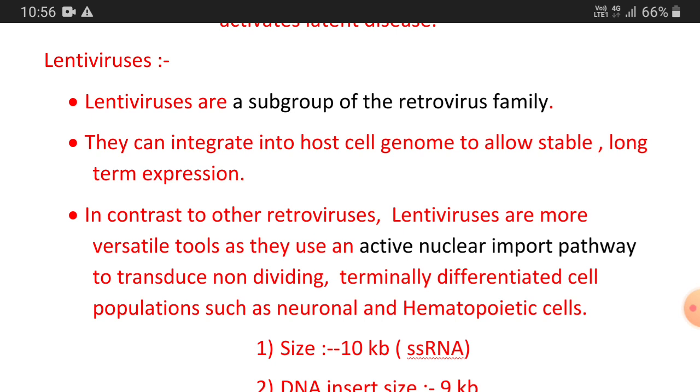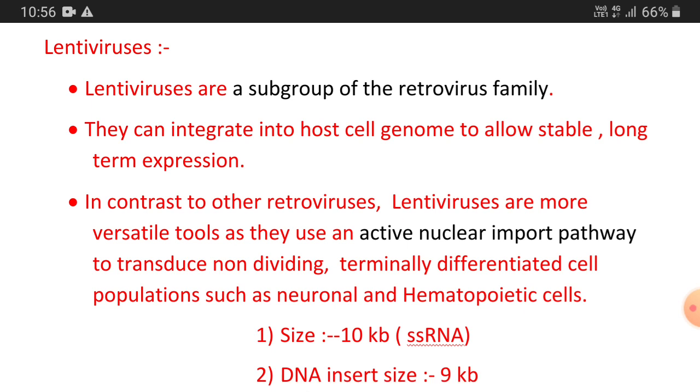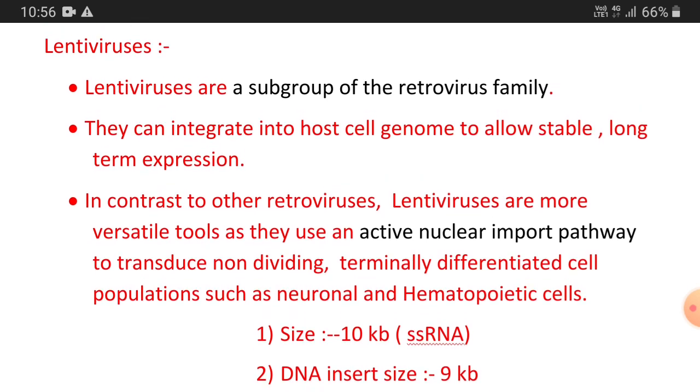Retrovirus is a positive sense RNA virus. It contains mainly single stranded RNA as its genome of about 8 to 9 kb, or 7 to 11 kilobase pair in length. Among them the insert size is 8 kb.